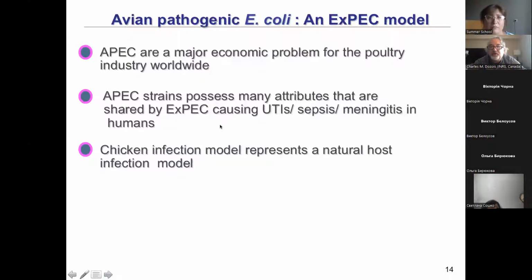And so it can cause relatively high levels of, in some cases, mortality, but morbidity and lack of an interest to eat, which eventually will also cause issues of lowered weight gain and condemnation of the meat as well due to lesions in the carcasses.